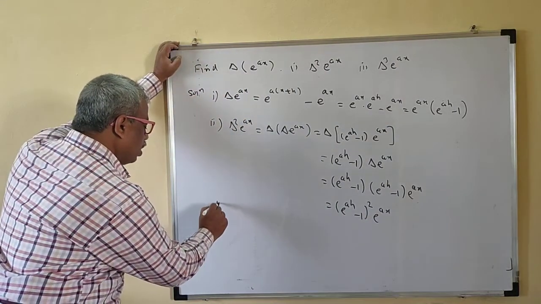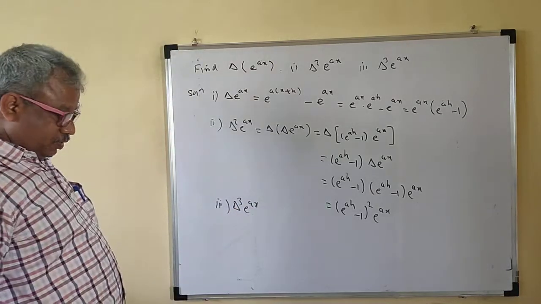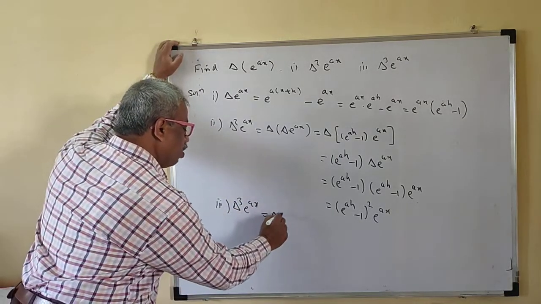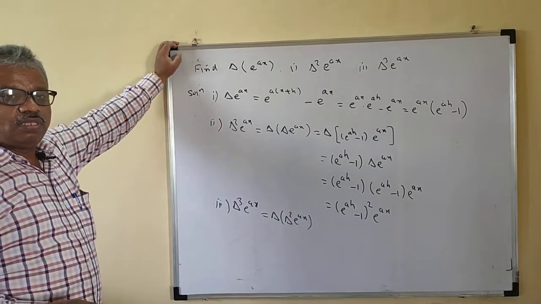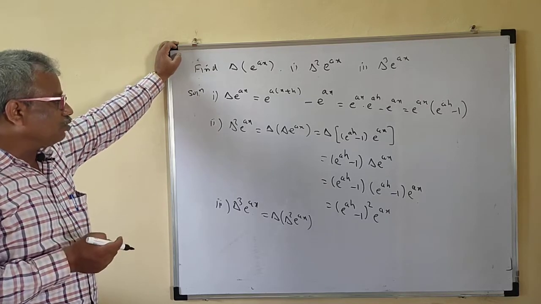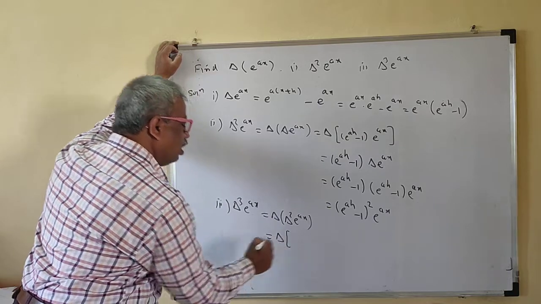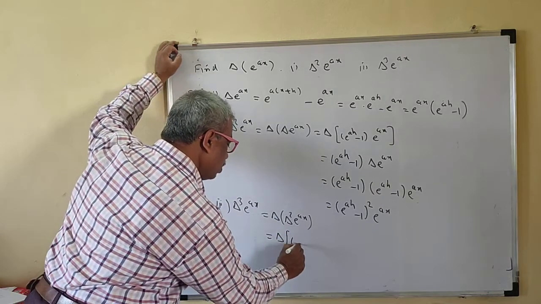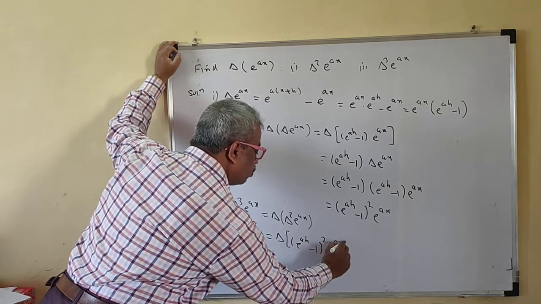Now third, you have to find del cube e raised to ax. So this is nothing but del of del square e raised to ax, because I have the second forward difference of e raised to ax. So I will apply that. Del square is e raised to ah minus 1 bracket square e raised to ax.